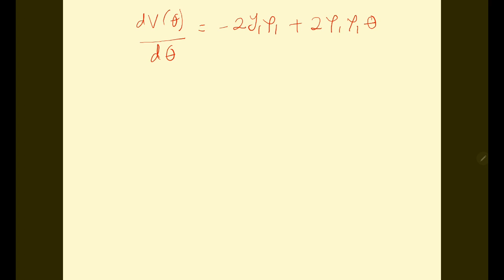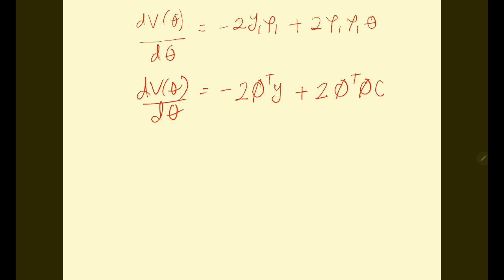Okay, so it's dV theta over d theta equal to minus 2 phi transpose y plus 2 phi transpose phi theta.